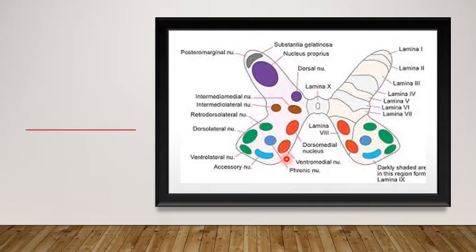Next you see in the posterior में जो एरिया है वहाँ पर आपको posterior और dorsal nerve roots दिखेंगे. They give origin to the ventral spinothalamic tract. Okay, so this part here would be giving origin to the ventral spinothalamic tracts.